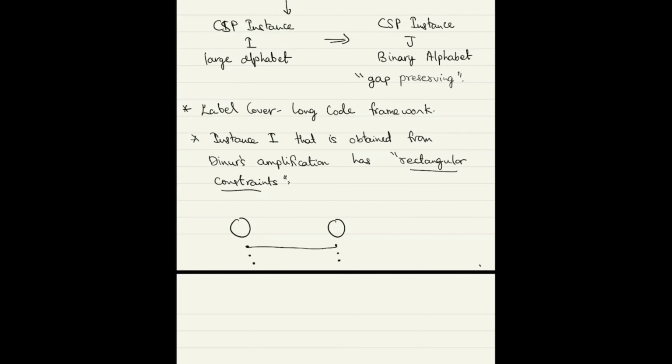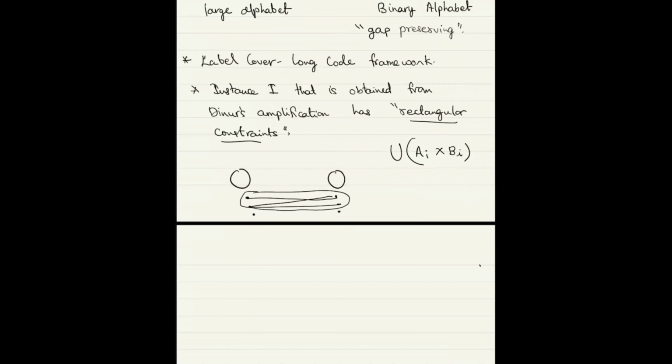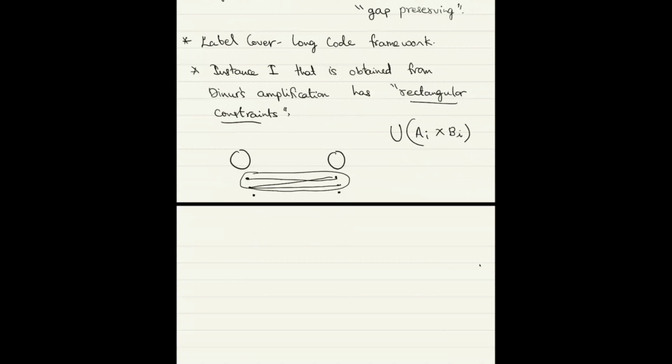If we draw lines which are satisfying assignments of the constraints, they are of the form union of A_i cross B_i. So they are unions of rectangles. Traditionally, in label cover they are projections, but these are weaker restrictions. So we claim that once you have rectangular constraints, it's sufficient to use the label cover framework. This is our key observation, the first part.